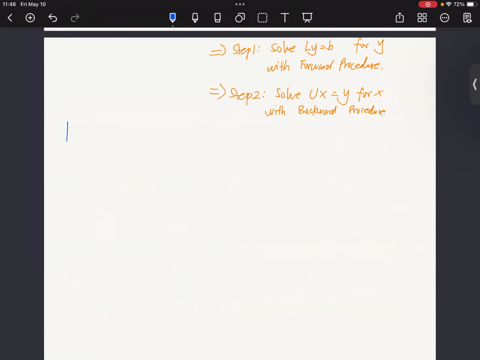So for the LU factorization, this is the basic version.